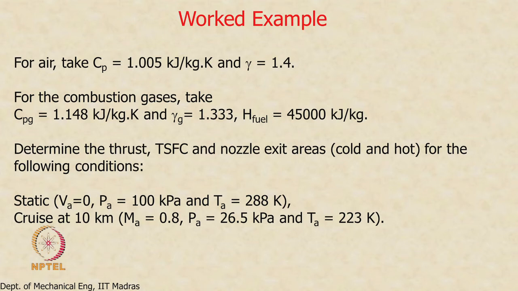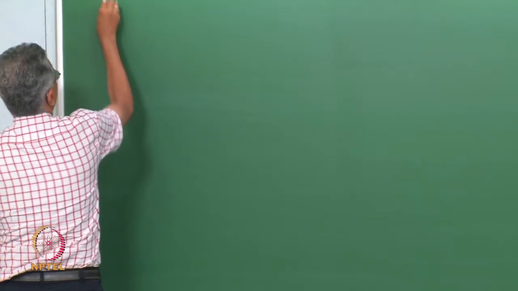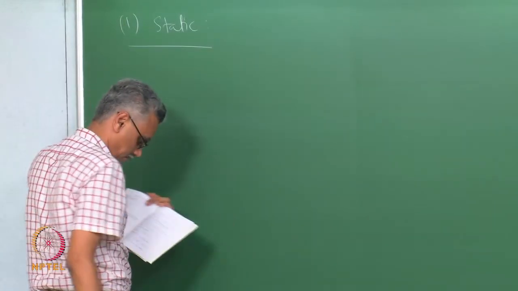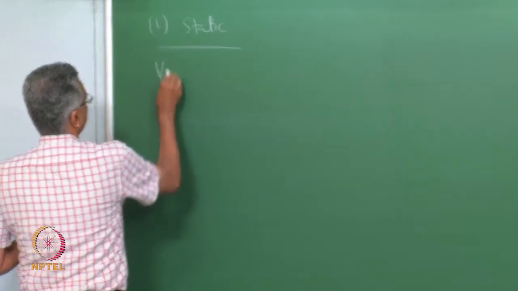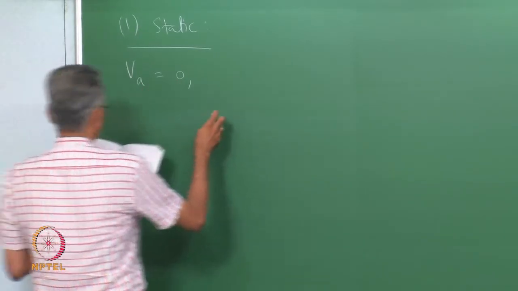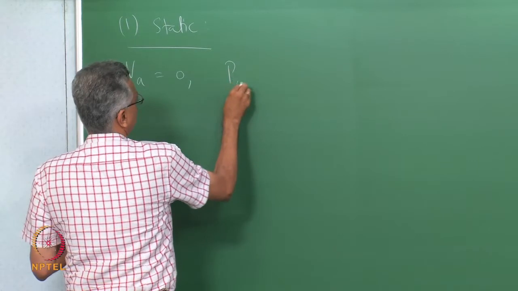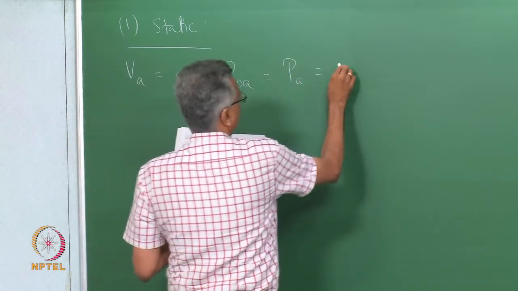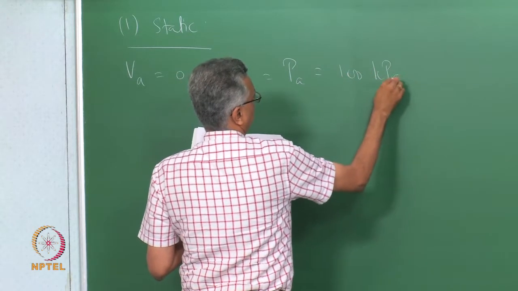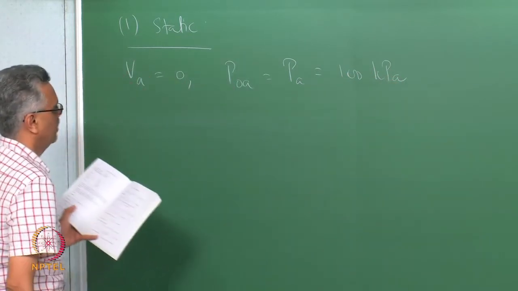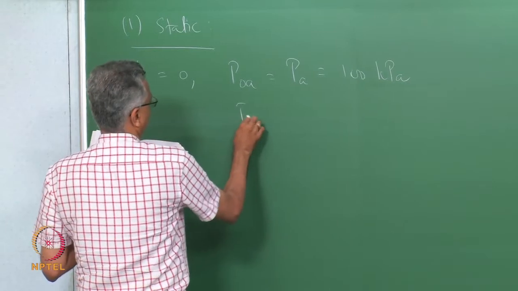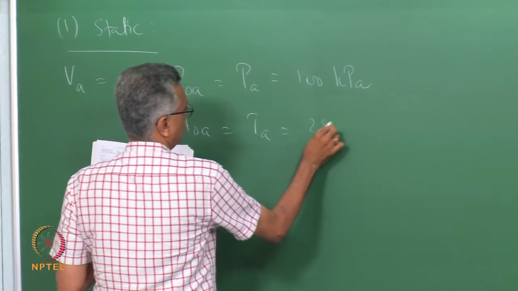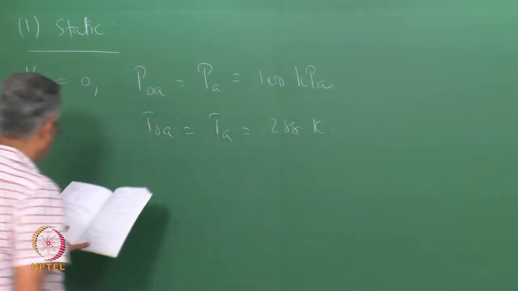Okay. Let us start. So, let us first do the calculations for static conditions. It is given that Va is equal to 0. So, that means P0A is equal to Pa is equal to 100 kPa and T0A is equal to Ta is equal to 288 Kelvin.